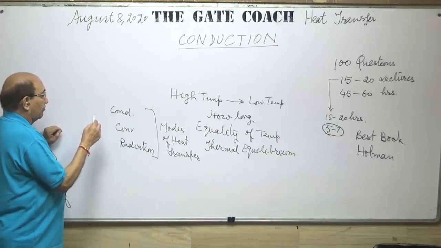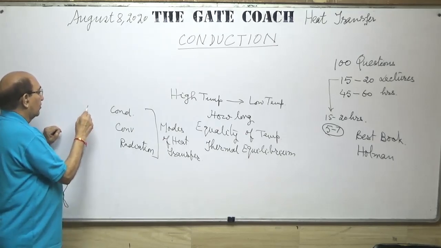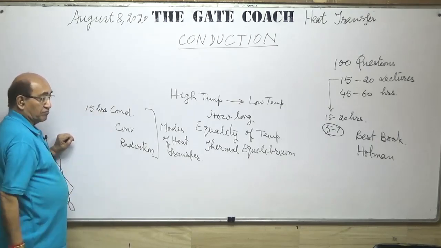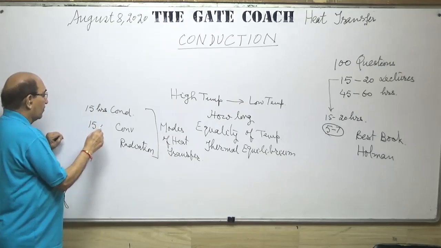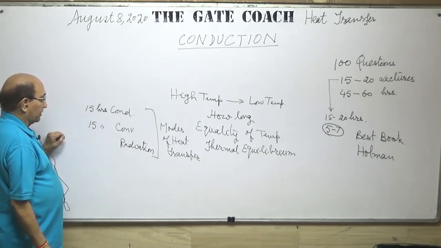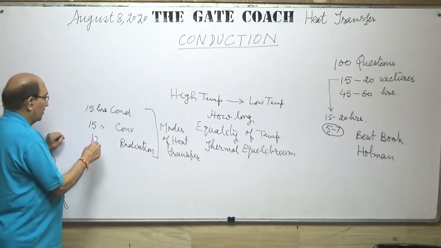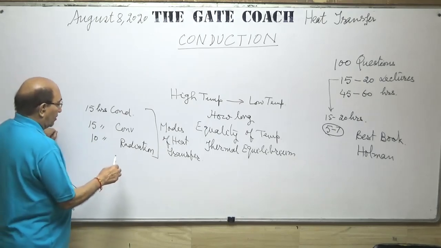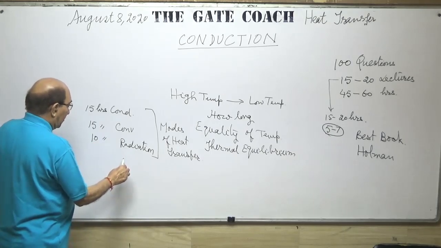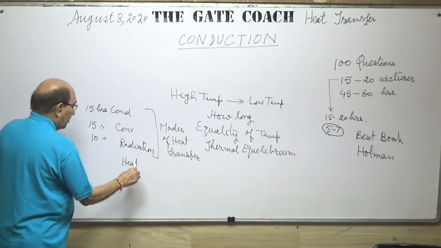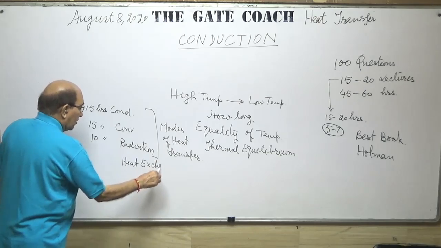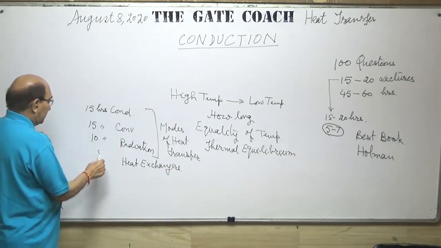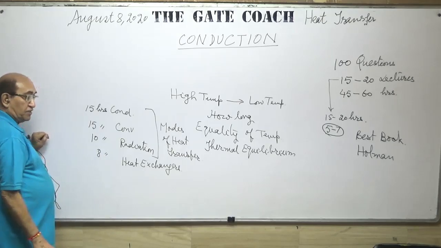So friends, we will try to devote 15 hours for conduction, 15 hours for convection, 10 hours on radiation, and then we have to study heat exchangers, for which we will spend around 8 hours.